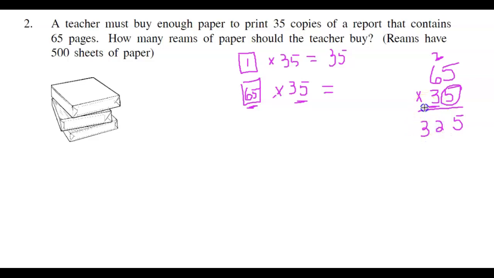Now I have to work with the tens digit, and because I'm working with the tens, I have to put a 0 placeholder in the ones. I'm not using that. 3 times 5 is 15. This time I'm going to carry the 1 over here. 3 times 6 is 18 with that 1 I carried over, which makes this 19.